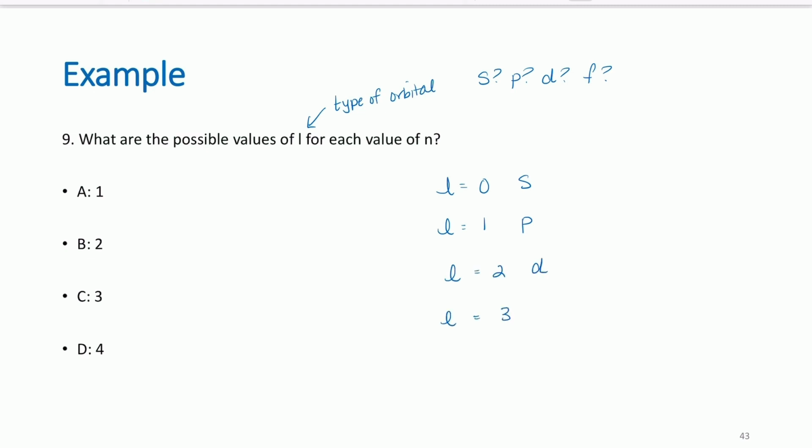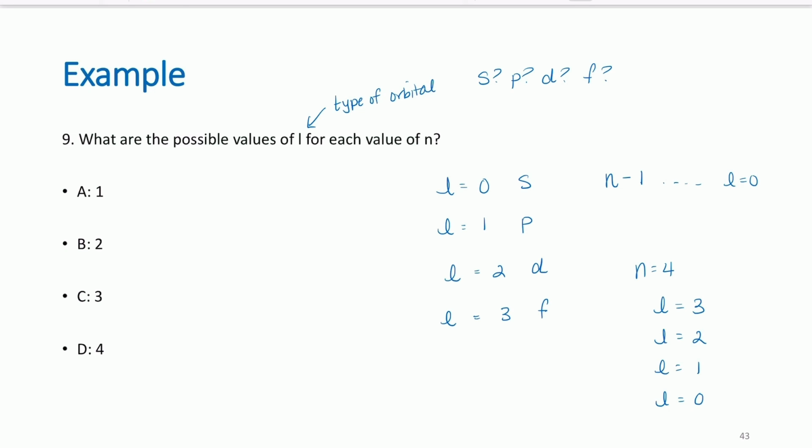And l equals 3 is f. l is equal to n minus 1 and anything below that. What I mean by that is if n equals 4, I can have l equals 3, l equals 2, l equals 1, down to l equals 0. It's always l equals 0 up to the value of n minus 1.